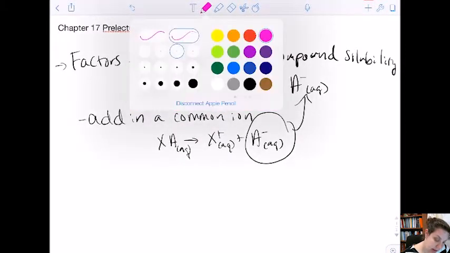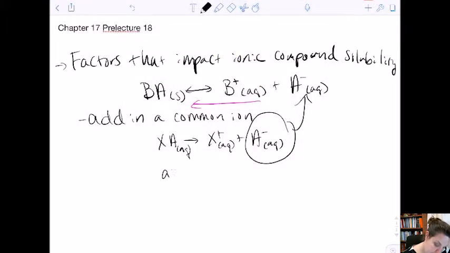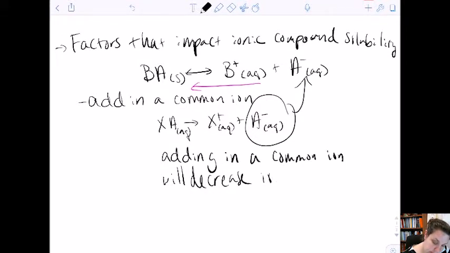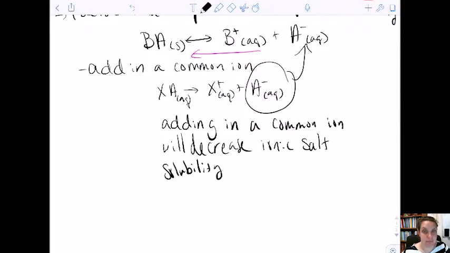So adding in a common ion will decrease ionic salt solubility. Okay? And we can do calculations to prove that, and we will.